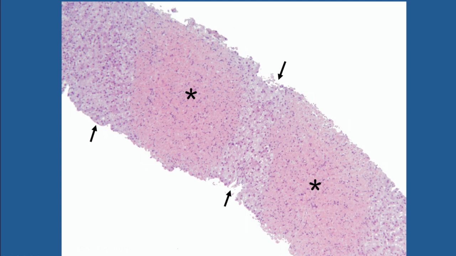So the coagulative necrosis that we see here is present mainly around the central veins in zones 3 and 2. The asterisk marks the central veins, whereas the hepatocytes around the portal tracts are viable and non-necrotic. And this pathological process brings about the hexagonal lobule into view.